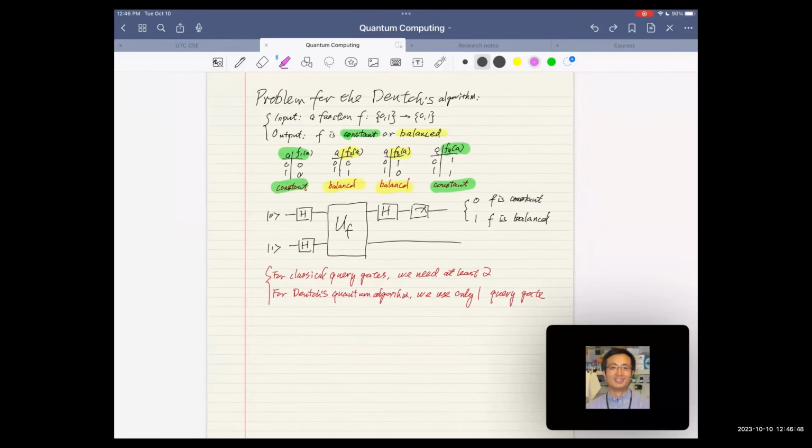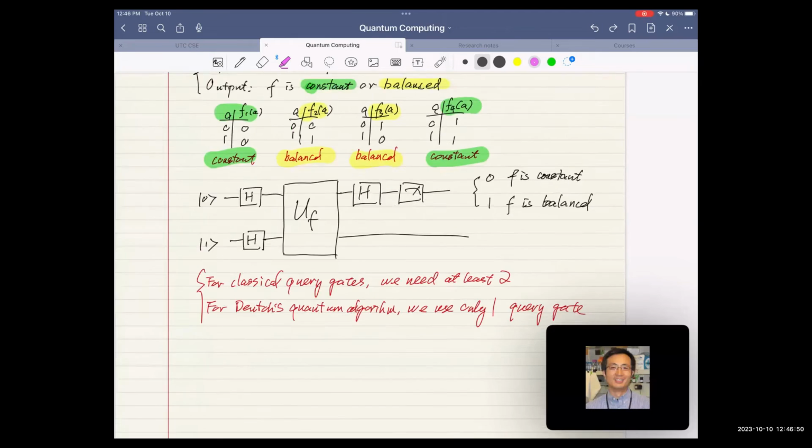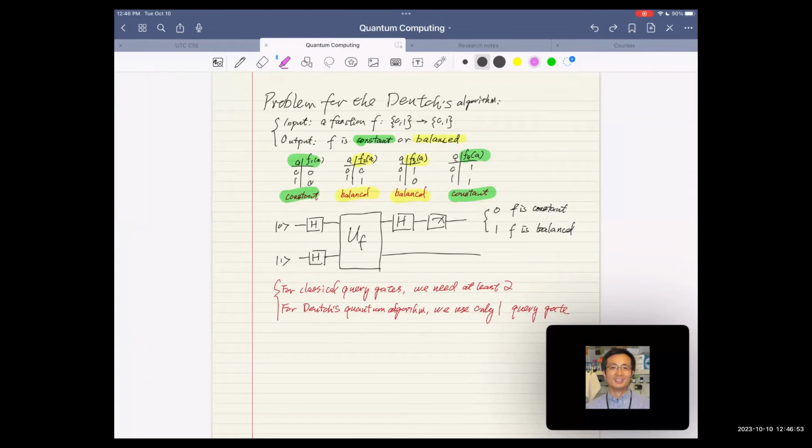So from what I understand, this is the big deal of the Deutsch algorithm. It really doesn't solve any other problem except this very contrived, special, very simplified situation. That's all it does. But what it proves is that for some problems, the quantum algorithm can be faster than a classical algorithm.